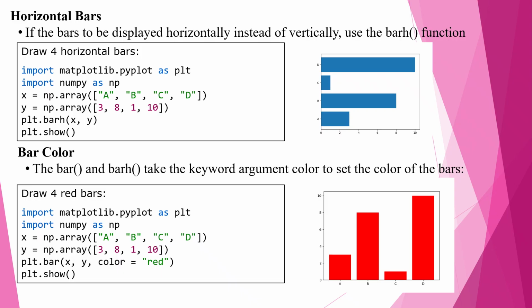This type of chart is useful when category names are long or when we want a different visual representation. Additionally, the color of the bars can be customized using the color parameter in both bar and barh functions. For example, setting color equal to red will display all bars in red. These options help in improving the visual appearance and clarity of the chart.